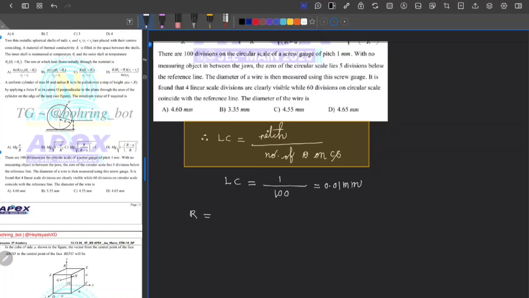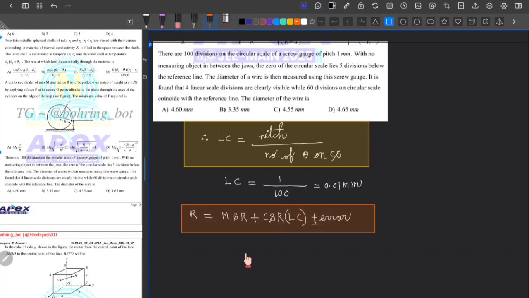The formula for reading is: reading equals MSR plus CSR into LC, plus or minus error. That was the formula to find out the reading.